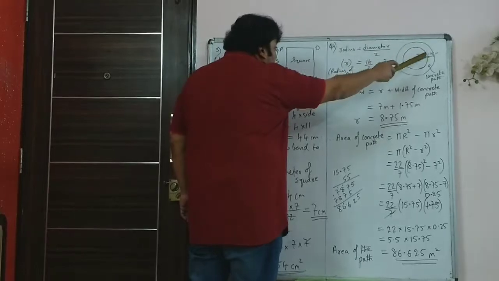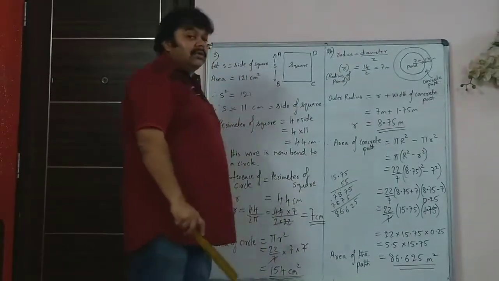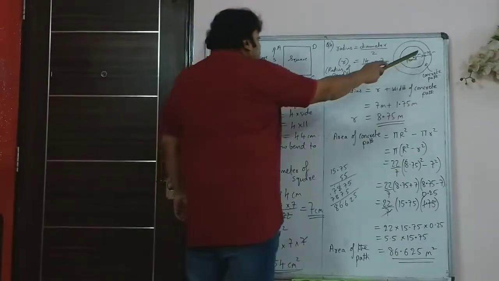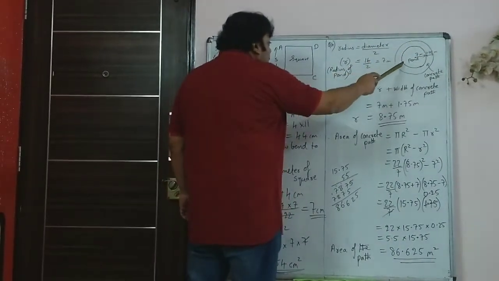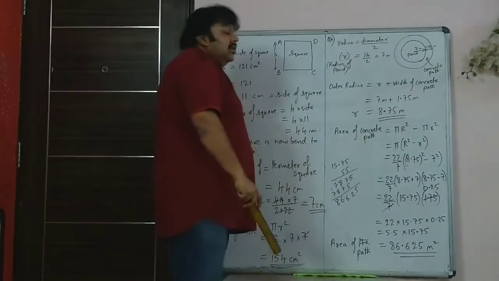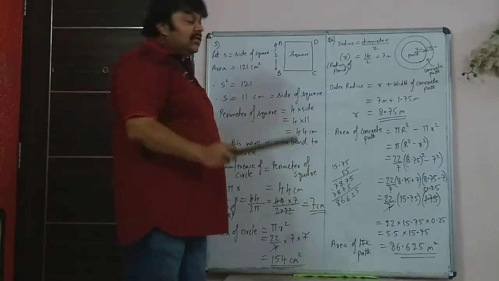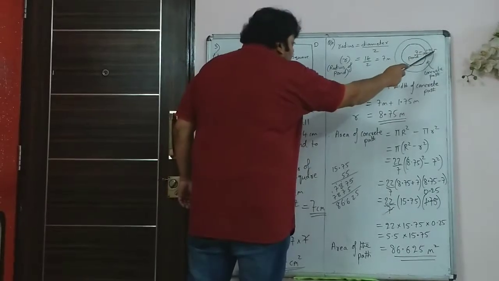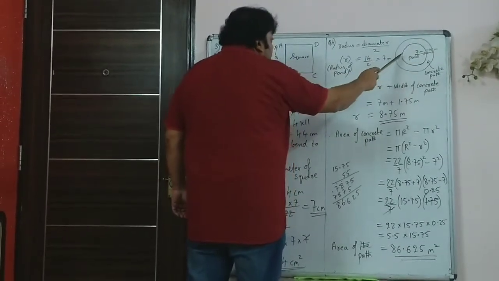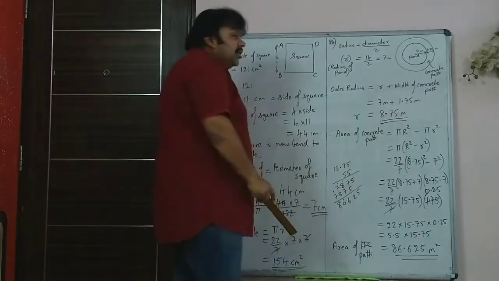In the next sum, that is the fourth sum, they have given you that there is a pond which has a diameter of 7 meter. The answer is in meter. And surrounding the pond there is a concrete path, a circular path of constant width of 1.75. So it is 1.75 meter there, 1.75 meter here, 1.75 meter here.